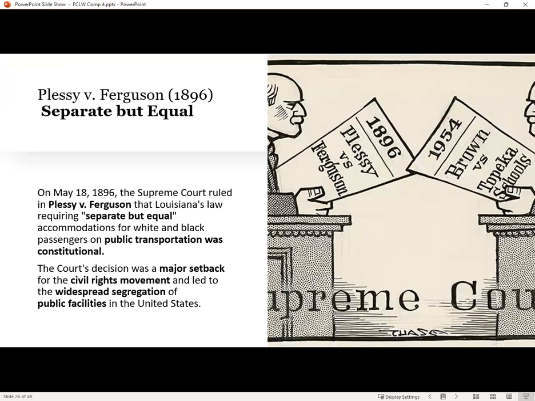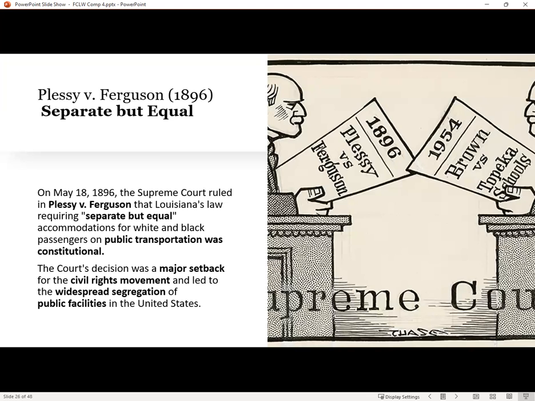Whites only, Blacks here. And it was not equal. So I put 1954, Brown versus Topeka schools. You see how many years passed from 1896 till 1954.